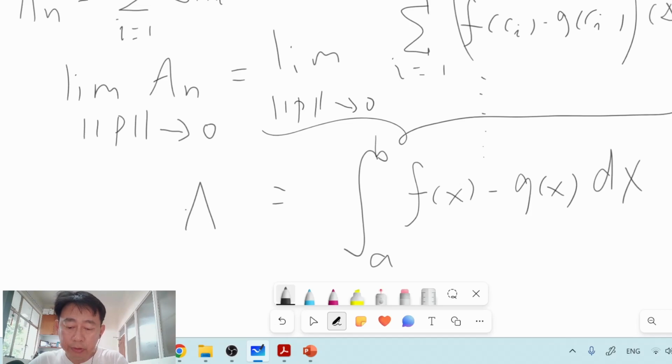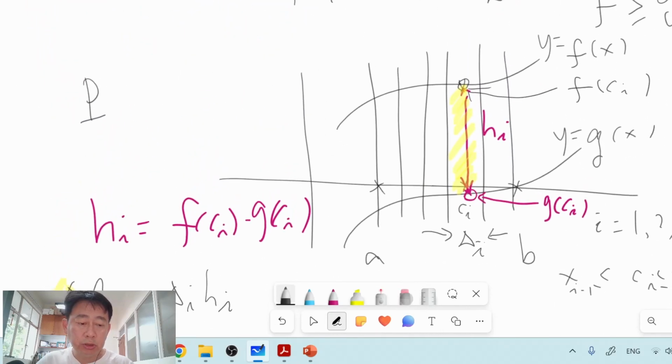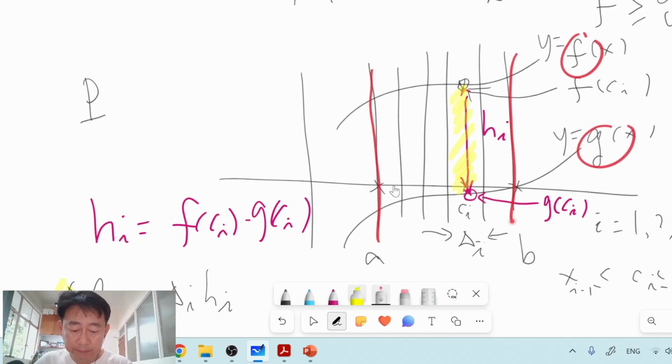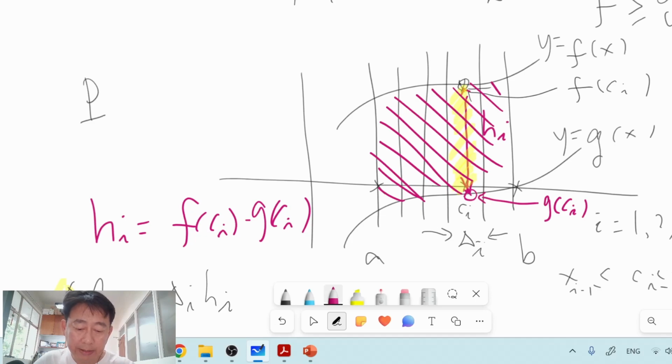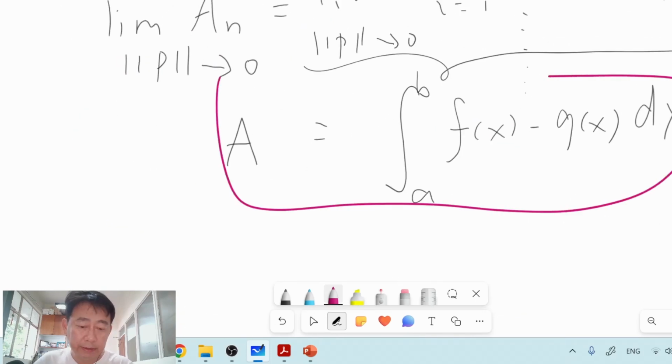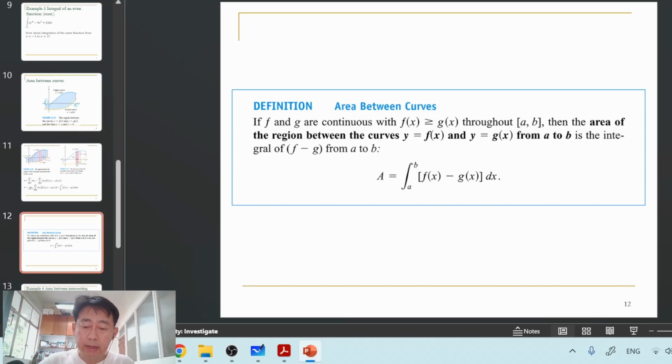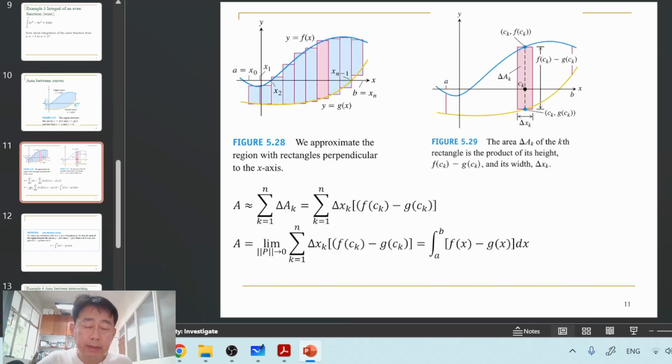That is how you arrive at the exact value of the area enclosed between the upper curve f and the lower curve g for x bounded between a and b. This area is given by this very simple formula. So that is how to calculate the area enclosed between two curves, and this slide just shows you the details of the derivation for that formula.